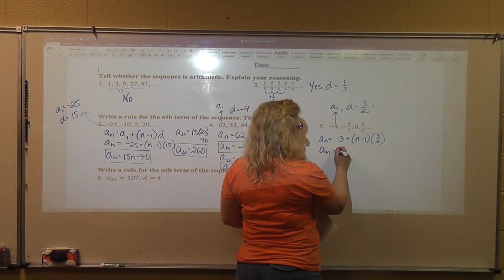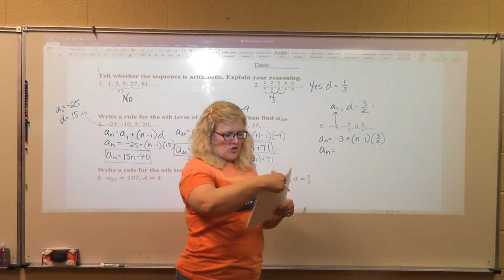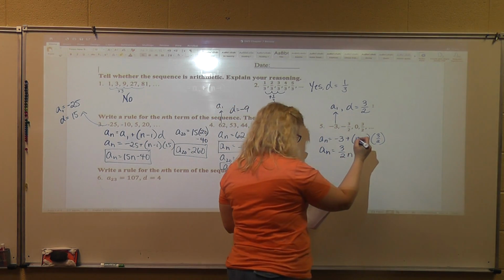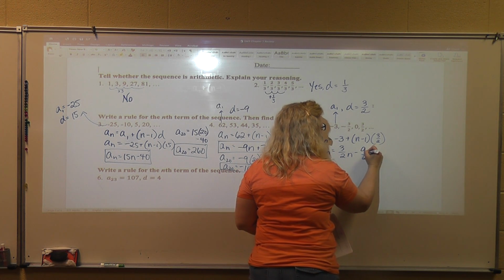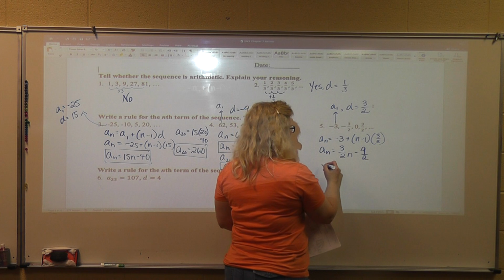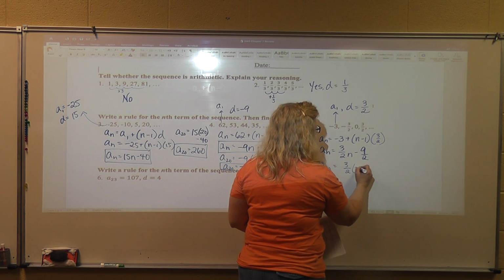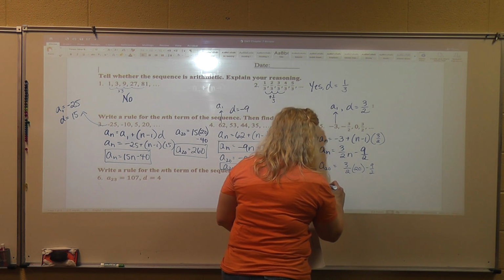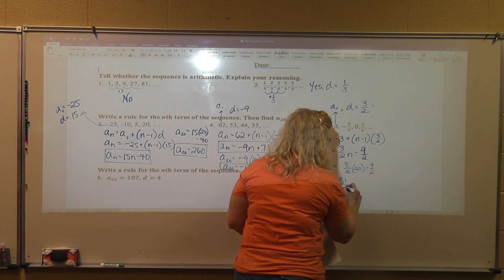Again, I distribute and combine like terms, and I get 3 halves n minus 9 halves. And a sub 20 is 3 halves times 20 minus 9 halves, which gives me 51 halves.